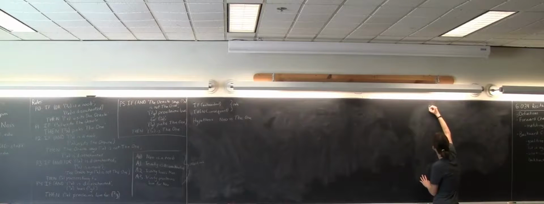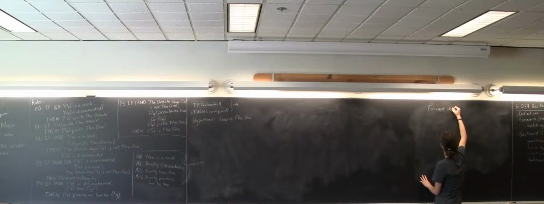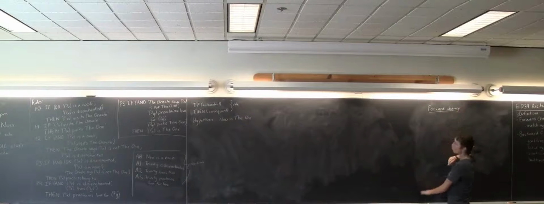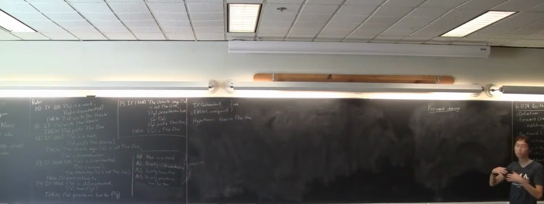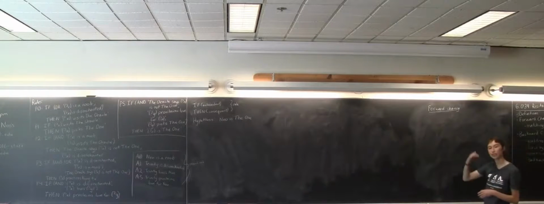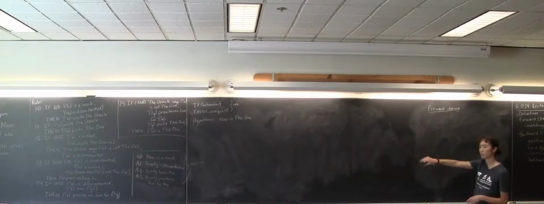So forward chaining goes in iterations, and in each iteration there are 2 main steps. First, we're going to go through all of the rules and see which of them have an antecedent, the if part, that matches one of our assertions.